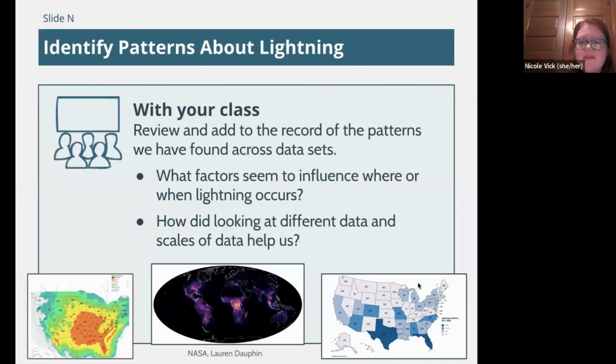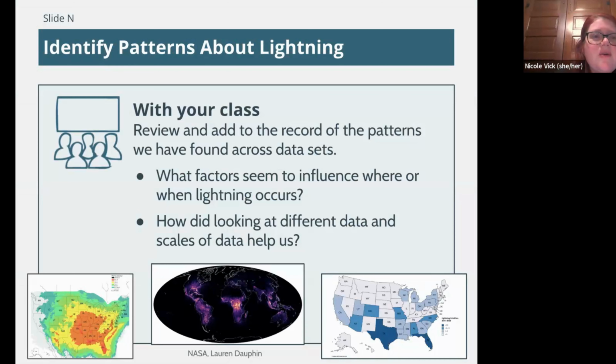I've seen a lot of wonderings in the chat, making and matching some patterns together, like is there a connection between tornado alley and lightning? Is there a connection with hurricanes? Noticing about elevation came up again, and location.